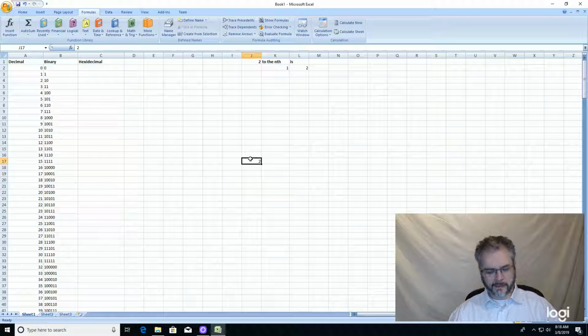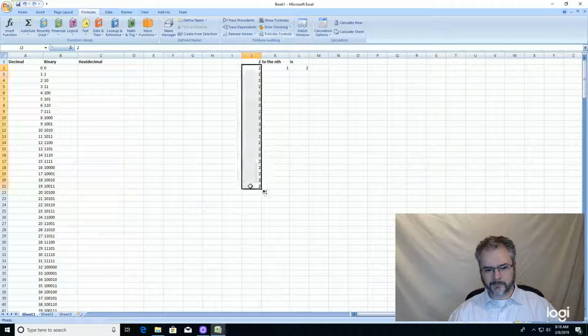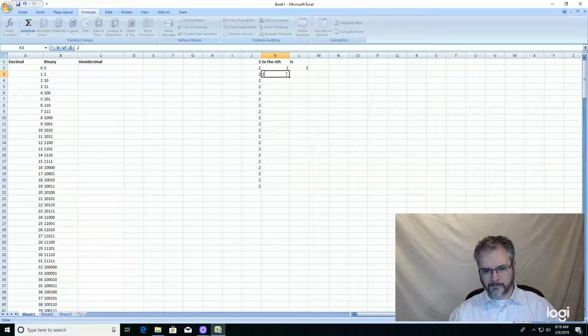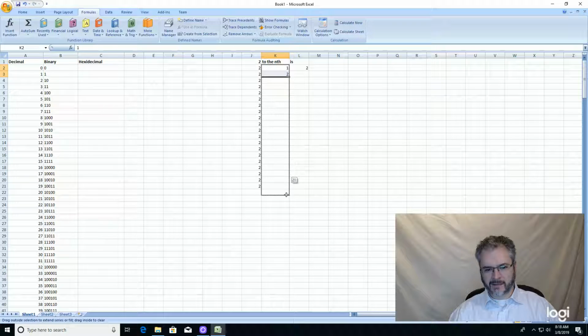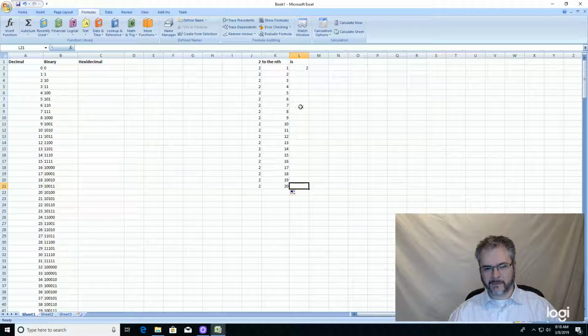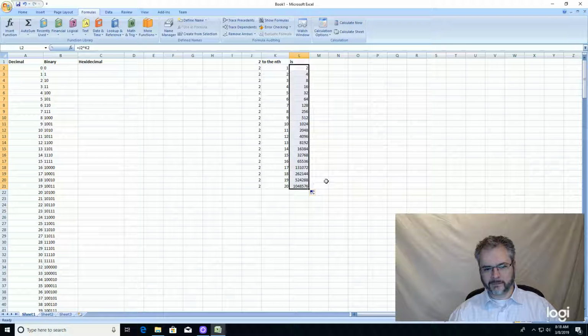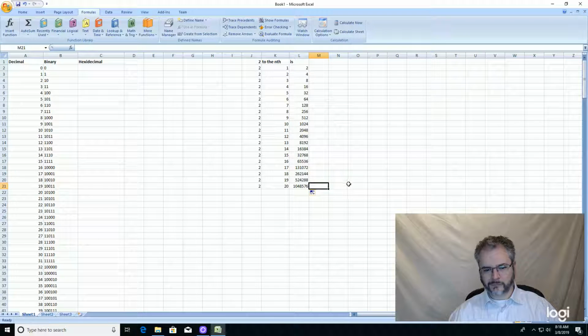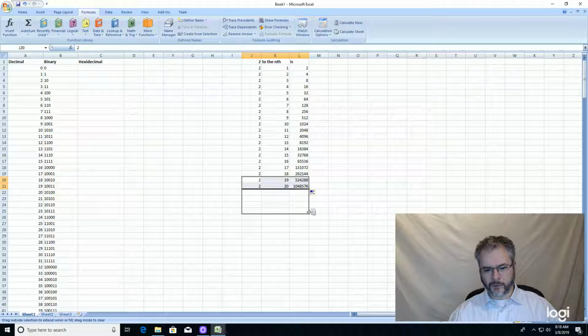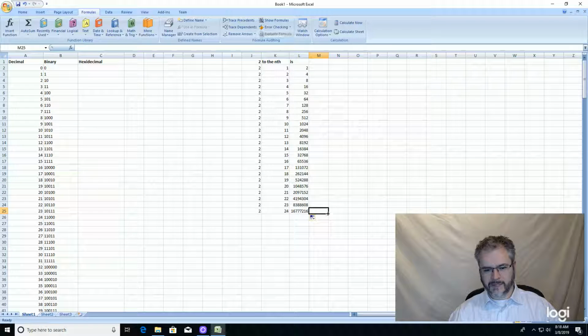And for this one, we want to go up. So 2 to the first, 2 to the second. Okay, and then this is our answer formula. Let's go a little bit further, to 24.